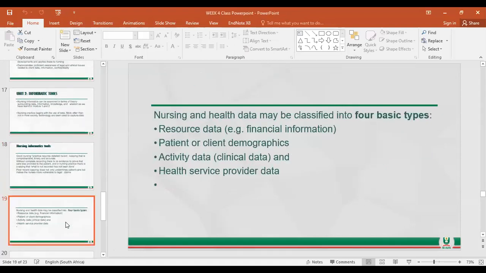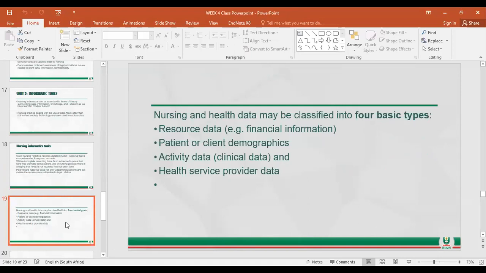So we looked at nursing and health data, which is classified into 4 basic types. What are these 4? It's resources data. When we say resource data, an example is the financial information, and we have patient or client demographics.